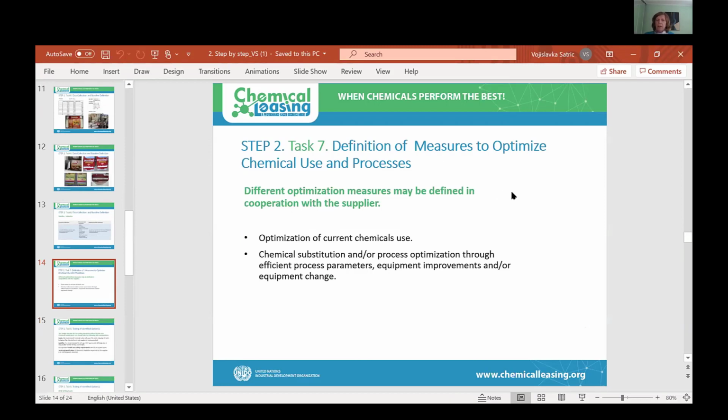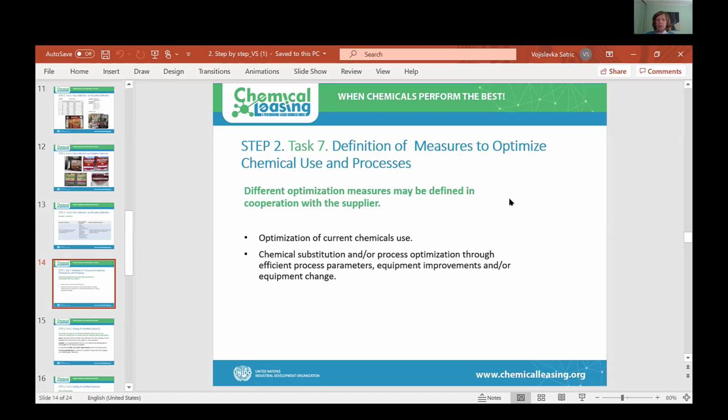After that, we define measures to optimize chemical use and processes. As I have already told you, usually the supplier has an idea what should be done. In both cases I have mentioned, our suppliers proposed measures for substitution of chemical or for process optimization.